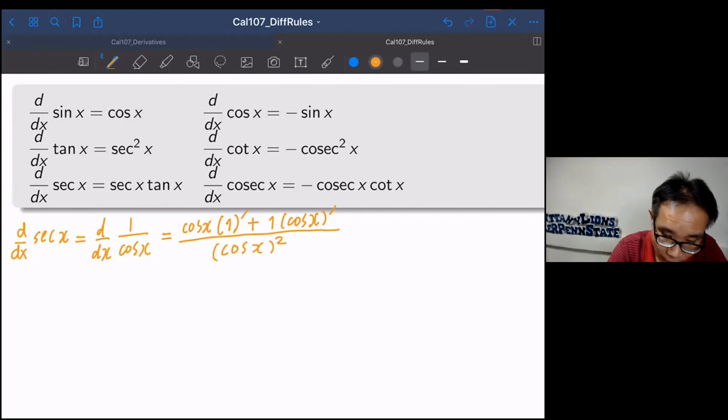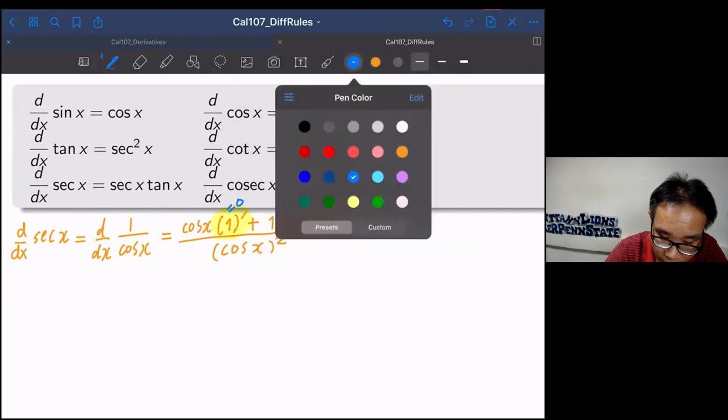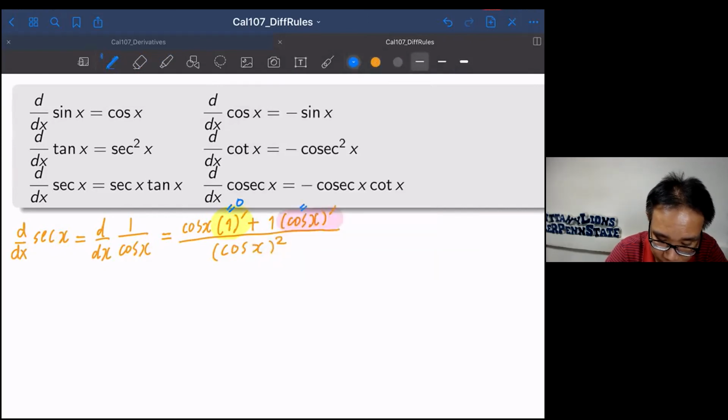And you see that the derivative of 1 is going to become 0. So this guy is equal to 0. And when you differentiate cos, you get negative sin x. I made a mistake here, right?